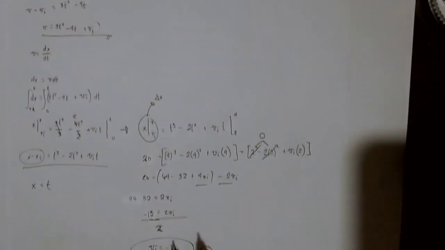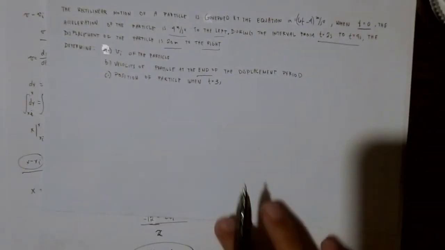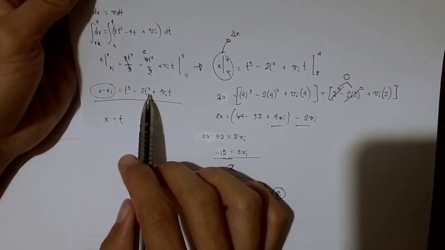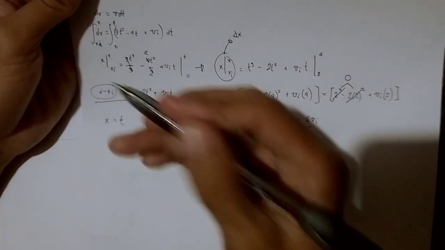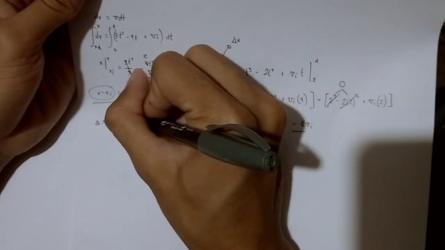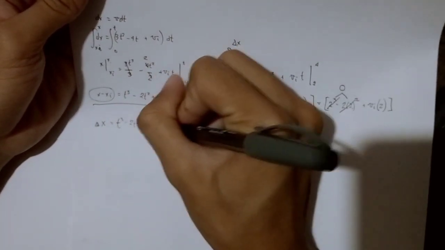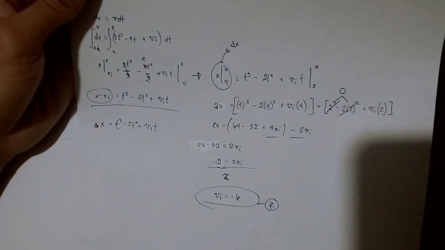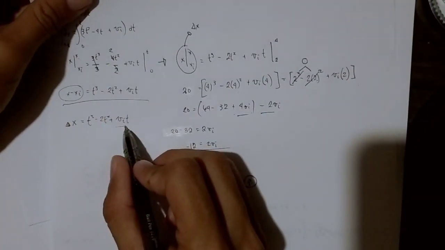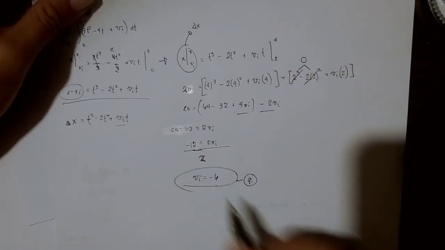And then for letter C, the position of the particle when t is equal to 3 seconds. So we have the formula here. X minus x initial is equal to t cubed minus 2t squared plus v initial t. We have the change of x. So we apply the value of the initial velocity that we have calculated, which is negative 6.